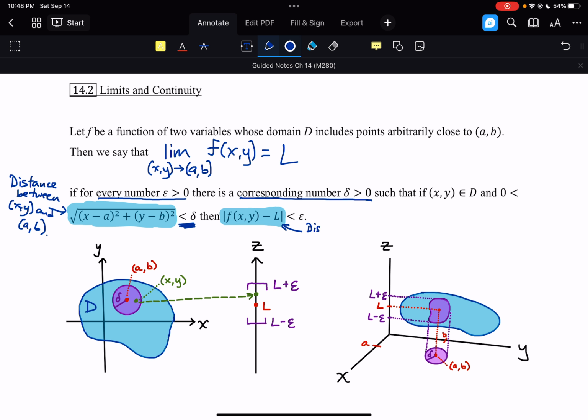So this is the distance between f and L. And again, as (x, y) approaches (a, b), f(x, y) should be approaching L. That's the whole point of the limit. So we're trying to narrow in on exactly what the limit value is. By shrinking the distance between the point (a, b) and our arbitrary point (x, y), that'll shrink the distance between the function and the limit.